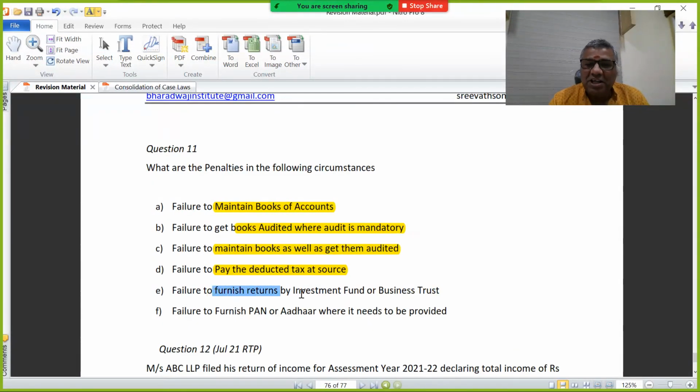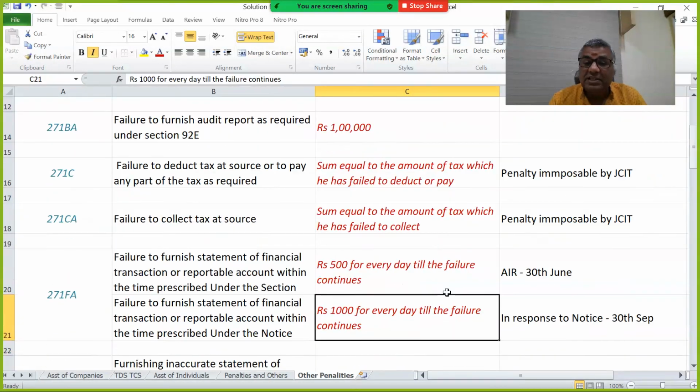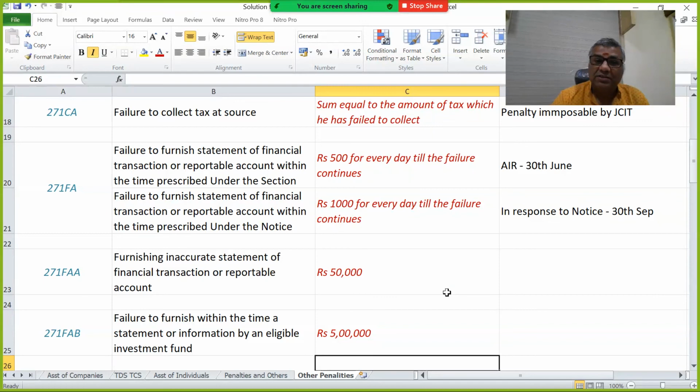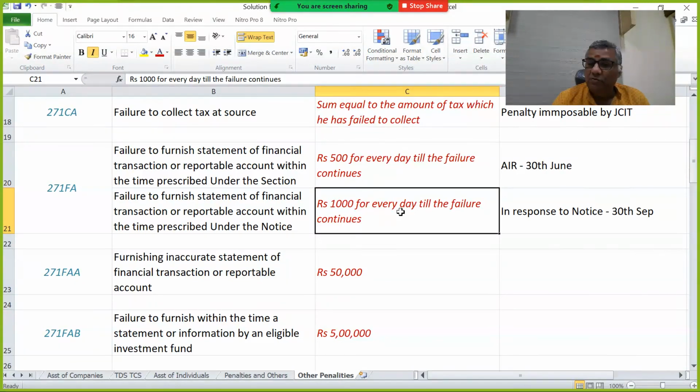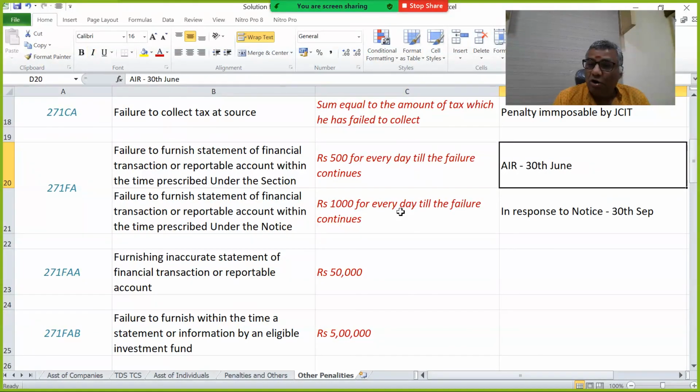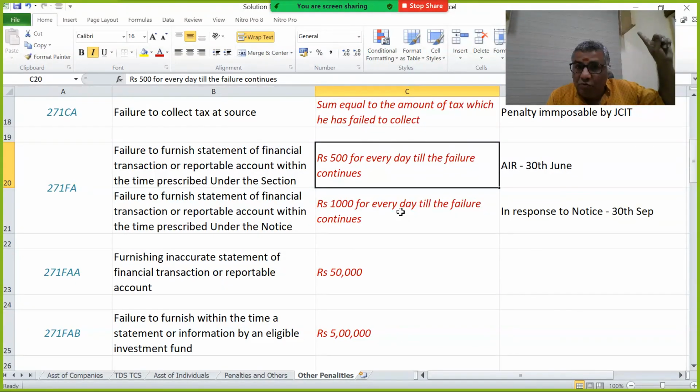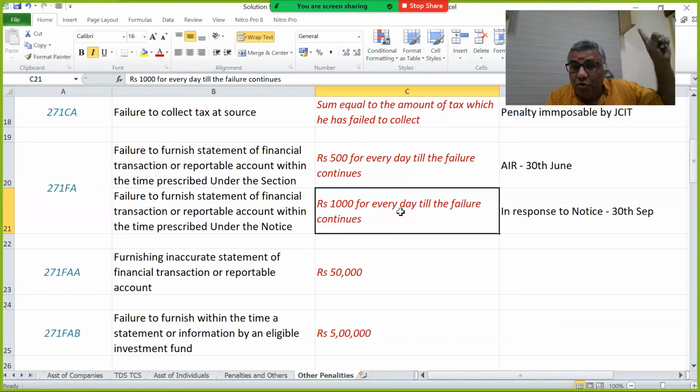Failure to furnish annual returns. This is a very serious penalty nowadays, my dear friends. Where there is a failure to furnish the annual information report before 30th June to the assessee, it is 500 per day, and if you fail to give it to the government, 1,000 per day.